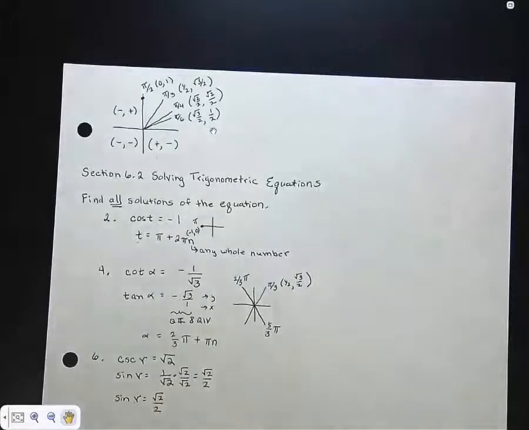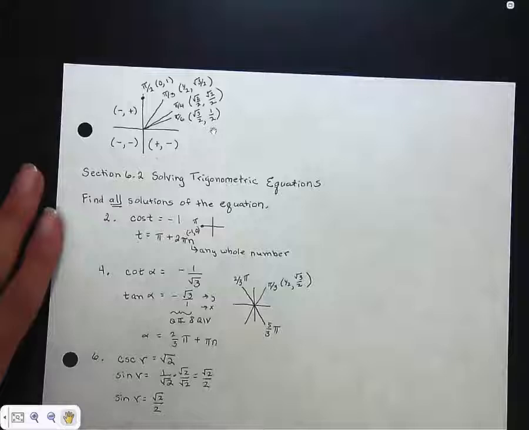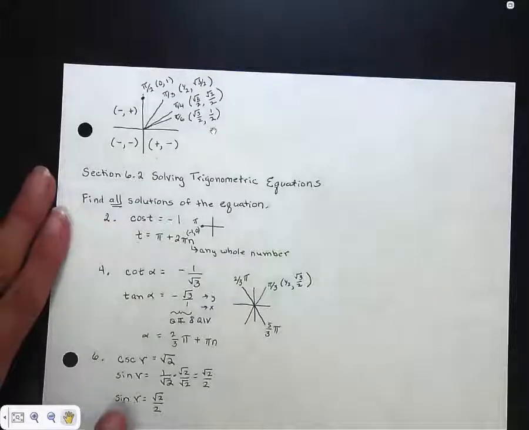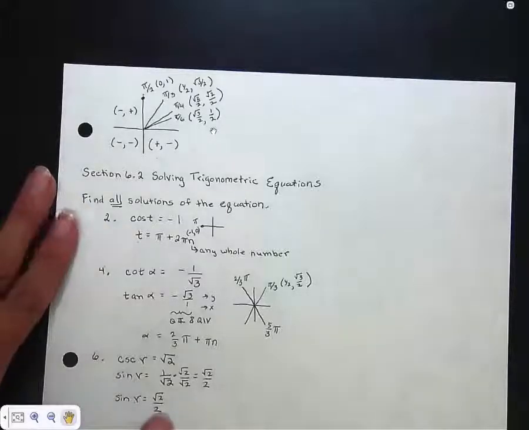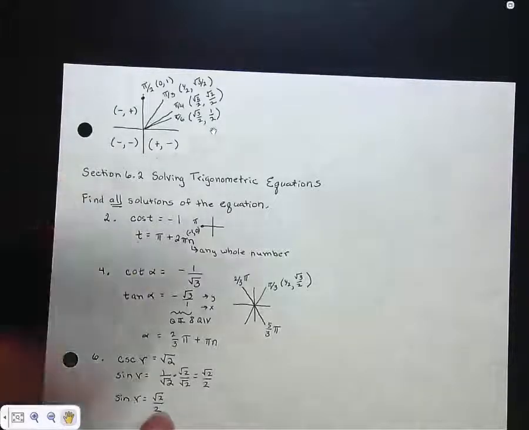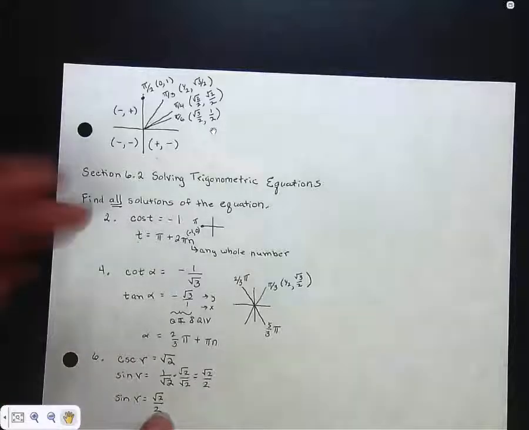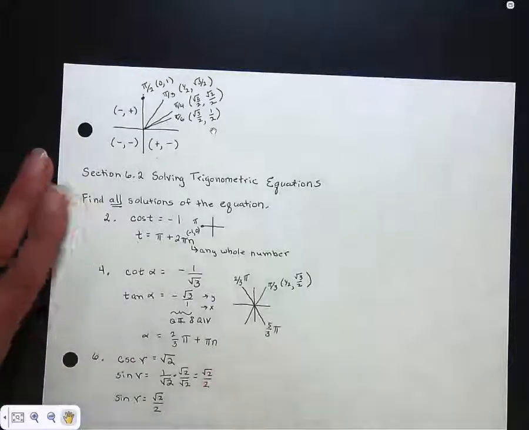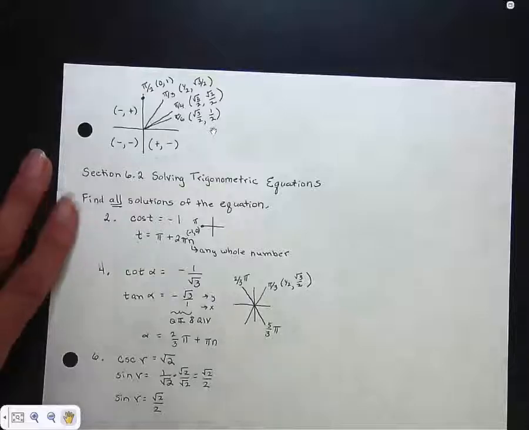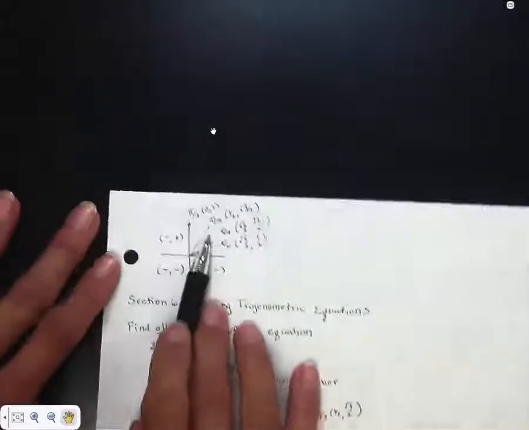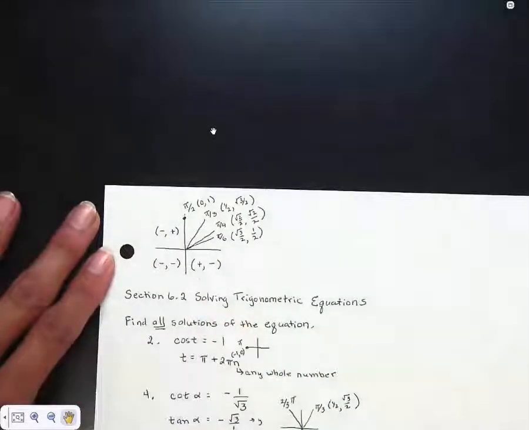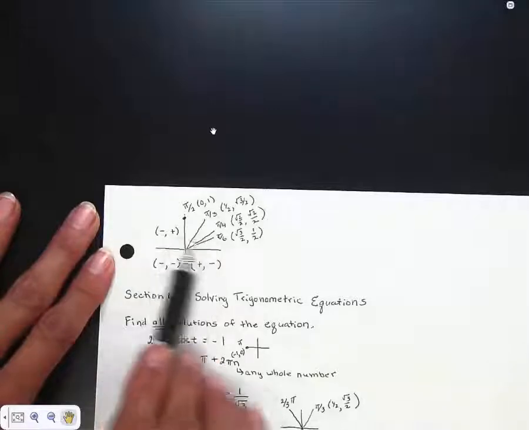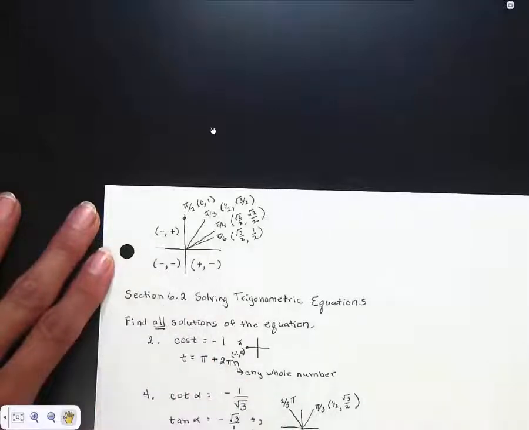I'll try to do a better job, but y'all might have to forgive me for stuttering just a little bit. In what two quadrants is sine positive? That means in what two quadrants are the y-coordinates positive. And we know that the y-coordinates are positive in the first and the second quadrant. So I'm going to have solutions in both the first and the second quadrant.